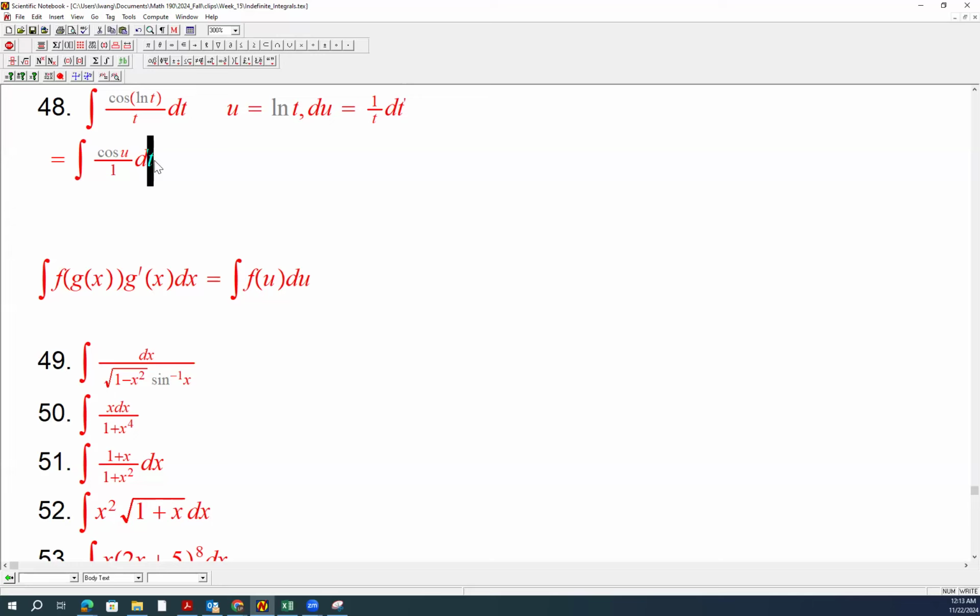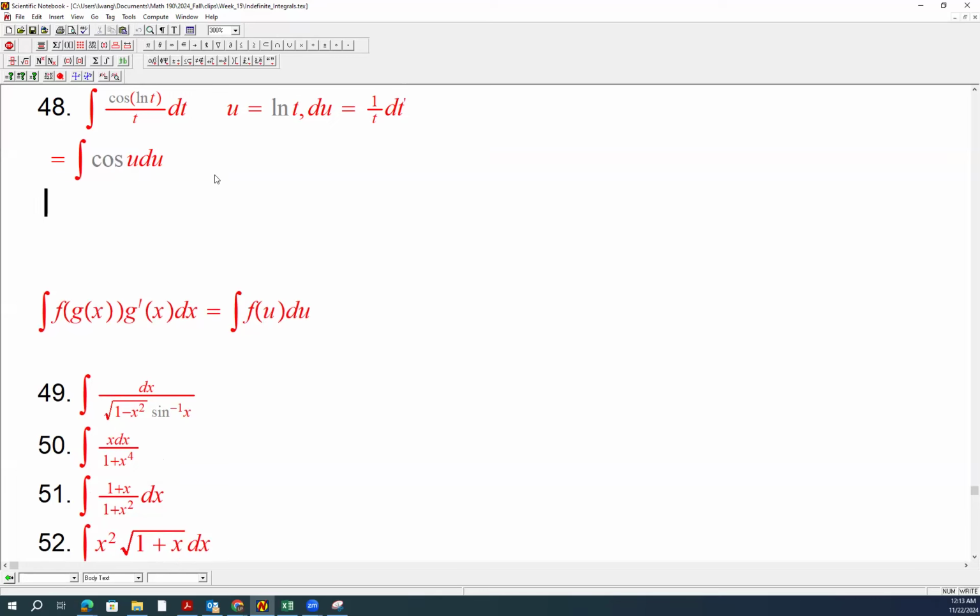So no hassle at all. As a result, I expect everybody to know how to do these. The antiderivative of cosine u is sine u plus a constant. Last but not least, substitute u by its equal, which is ln t.